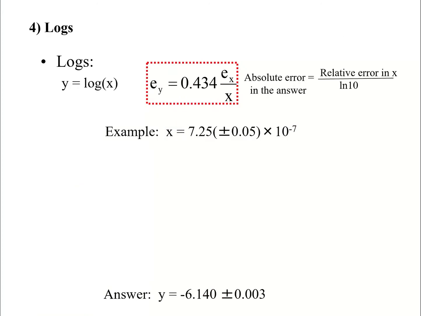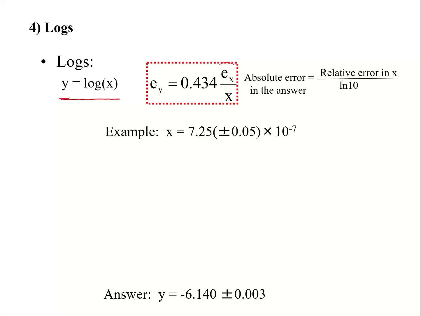Now let's take a look at the example for logarithmic functions. Here's my function, y is equal to the log base 10 of x. The formula that I'm using to calculate the absolute error is shown on the right. To calculate the absolute error, I will need to take the number 0.434 and multiply it by the relative error in x.